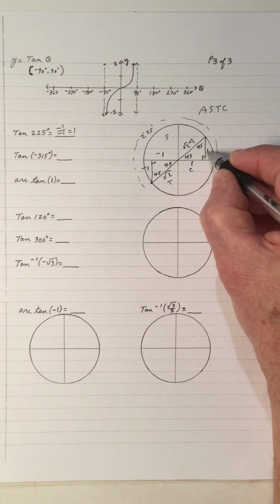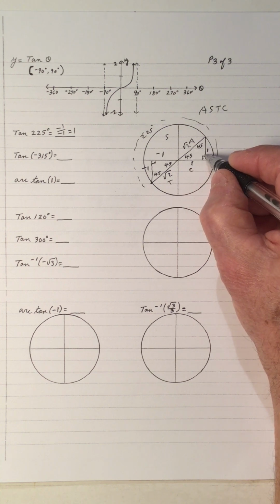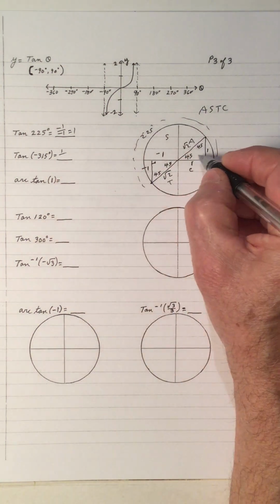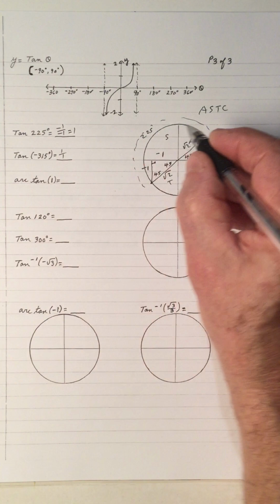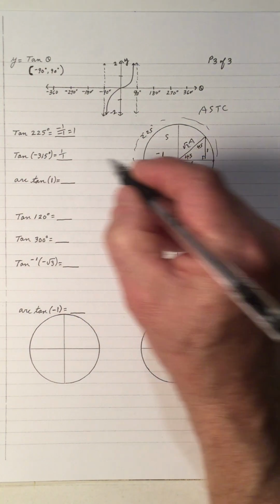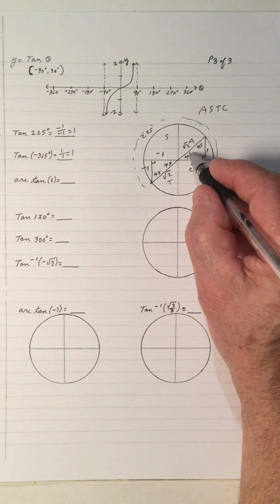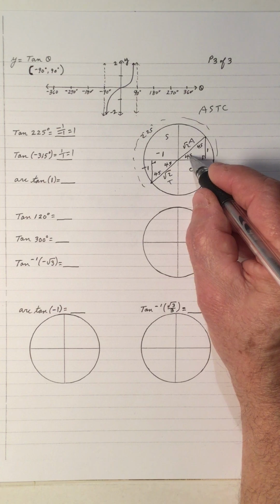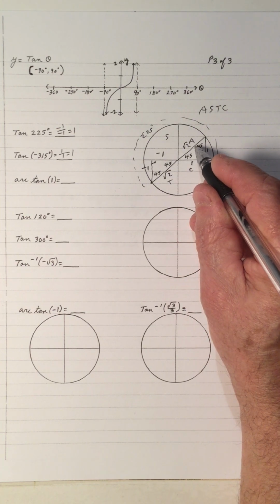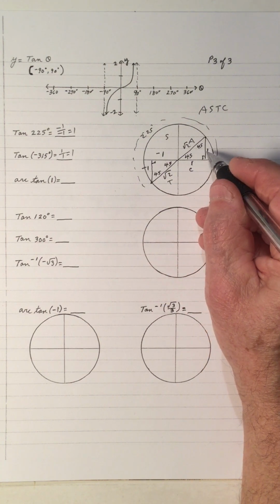So in this quadrant 1, the x is positive, the y is positive. So again, the tan is 1 over 1. Tan is the opposite over the adjacent, 1 over 1, and 1 over 1 is 1. So notice in these quadrants, because the reference angle is 45, the tan is 1, because tan is positive in the first and third, and the sides are the same length, so we get a 1.